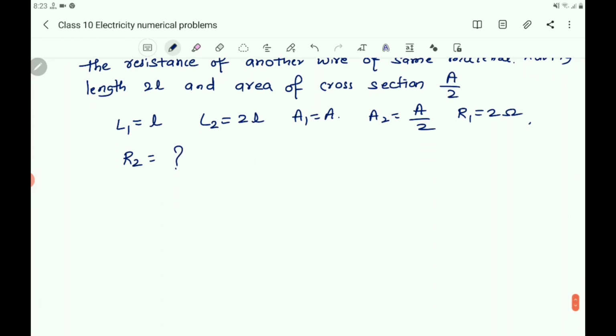Now let us write the ratio, that is R2 by R1. The formula is resistivity into L2 by A2 divided by L1 by A1.